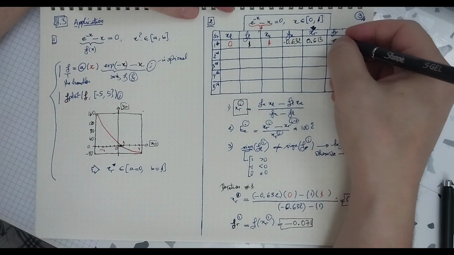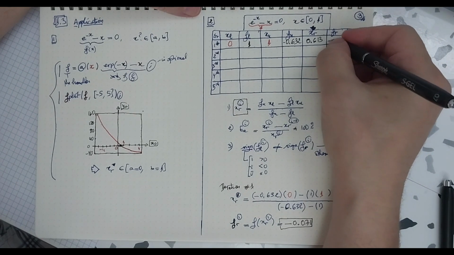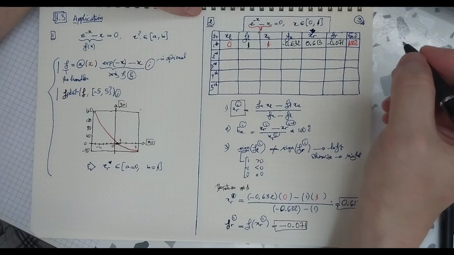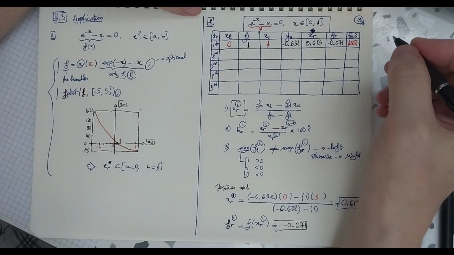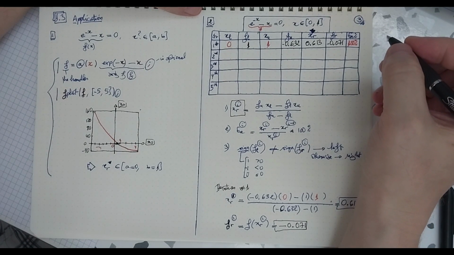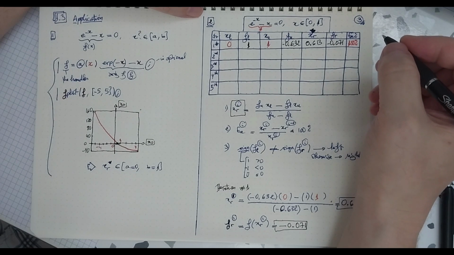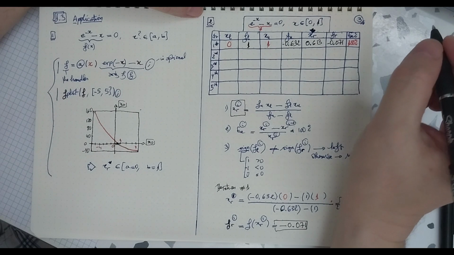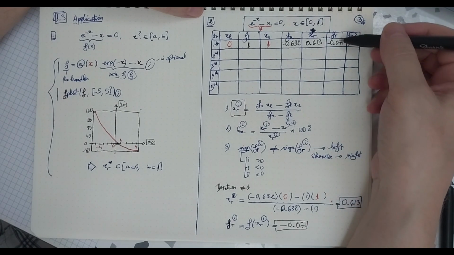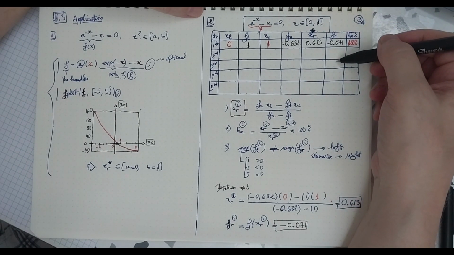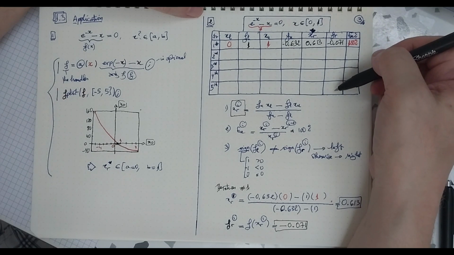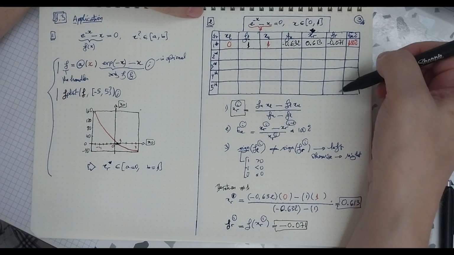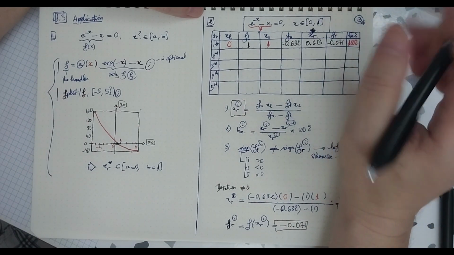And I report it here, -0.071. An error might be positive, negative, it's okay. The important thing is its absolute value will decrease towards 0. While we go through the iterations, it must decrease in its absolute value.